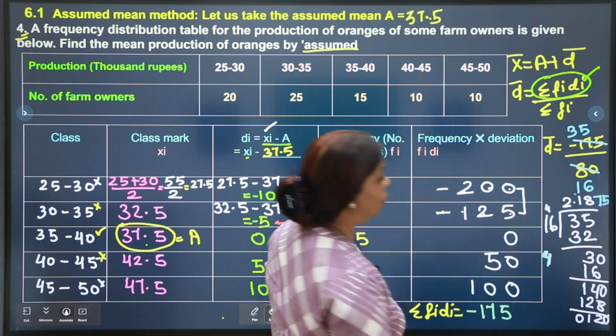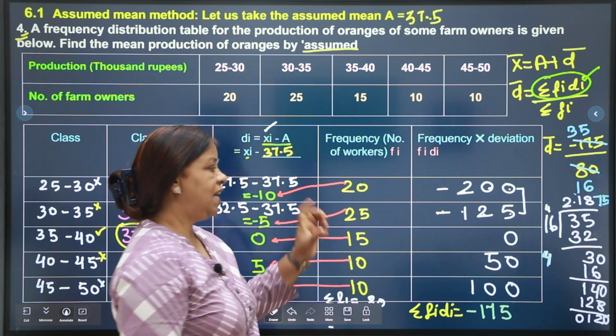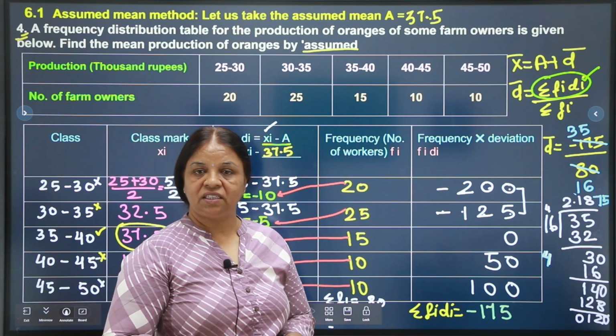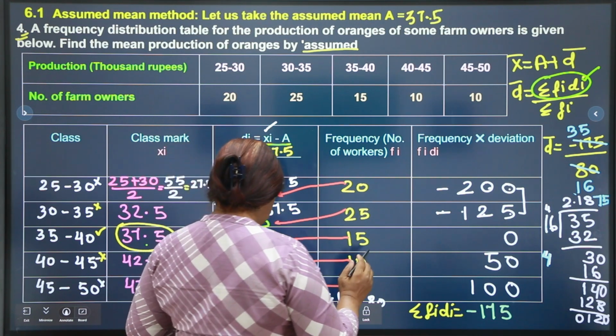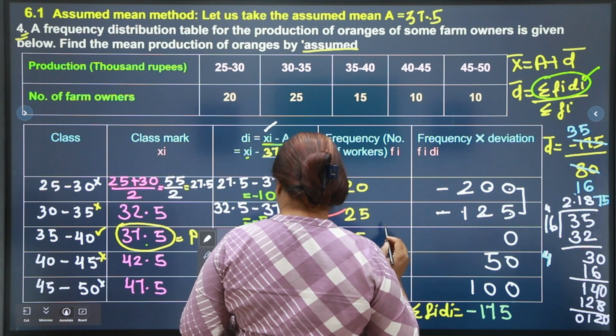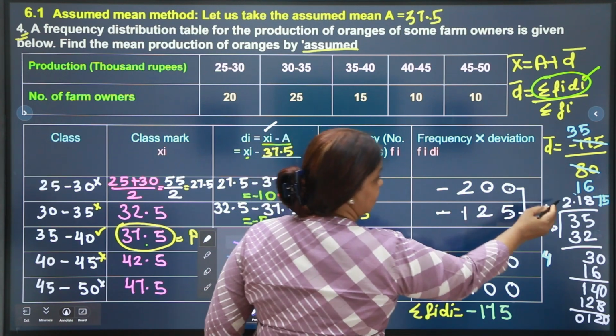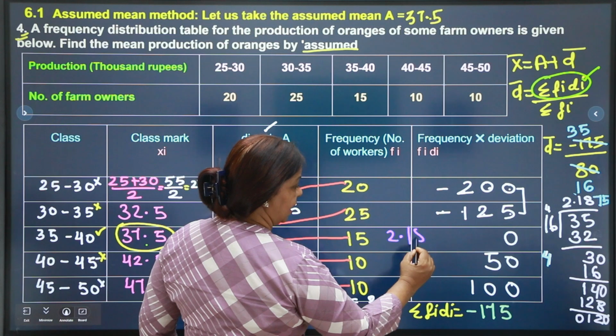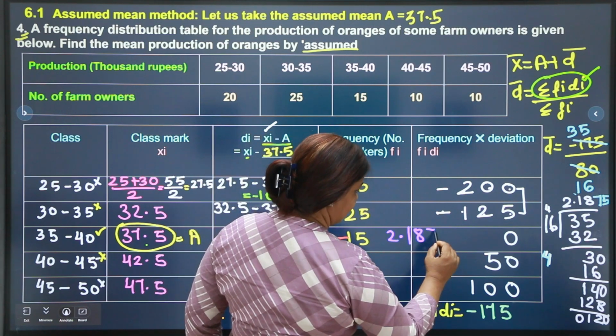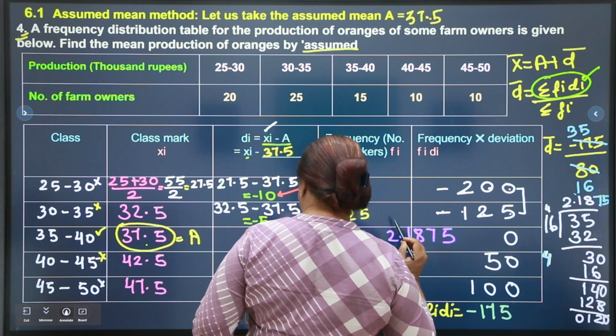Bar D value we got 2.1875. Now let us select only the digit up to 2 digit after decimal. So let's write the digit here. My digit is 2.1875. I need only 2 digit.